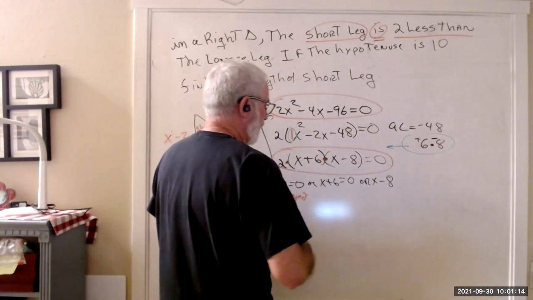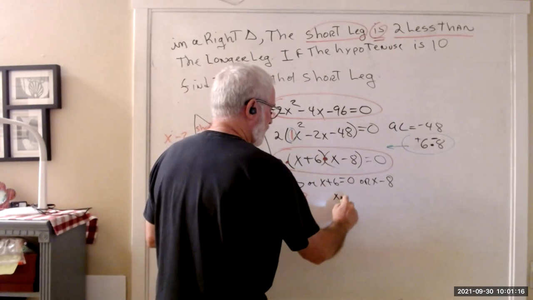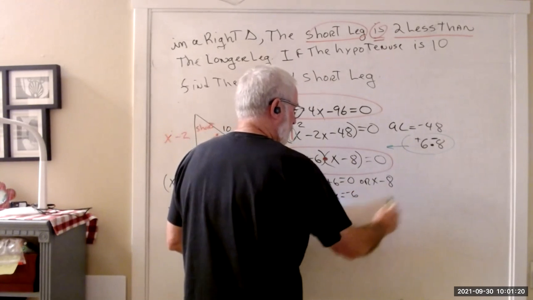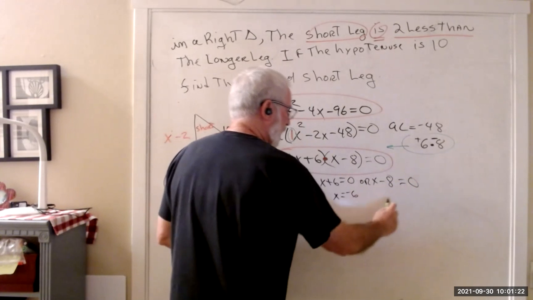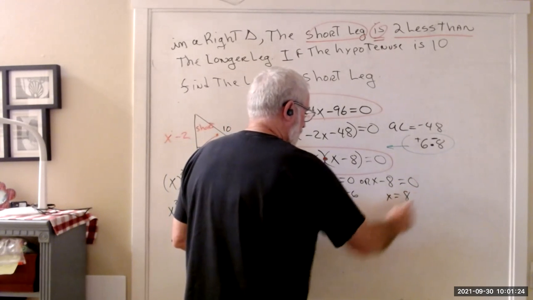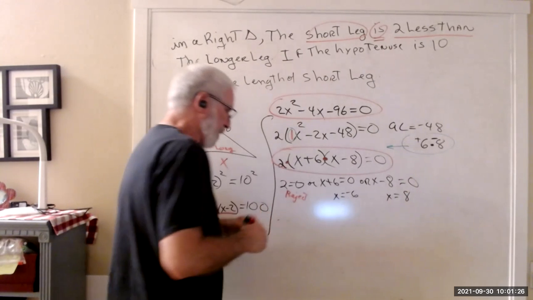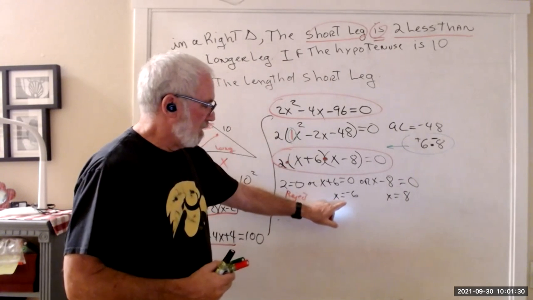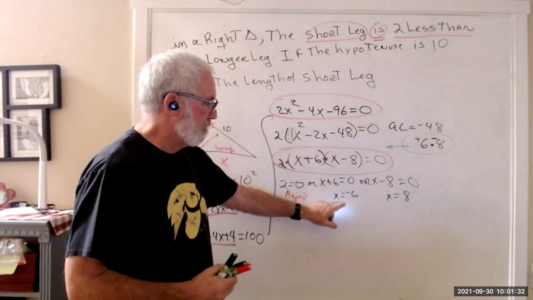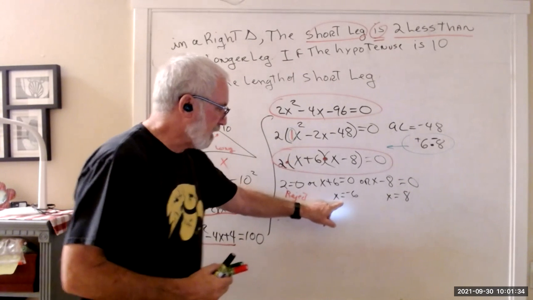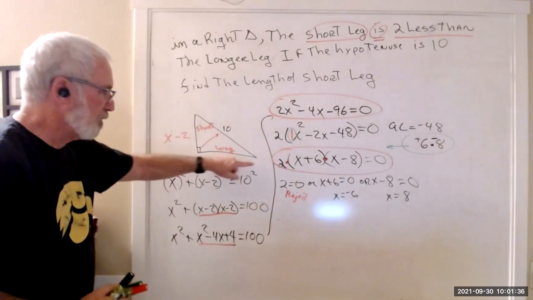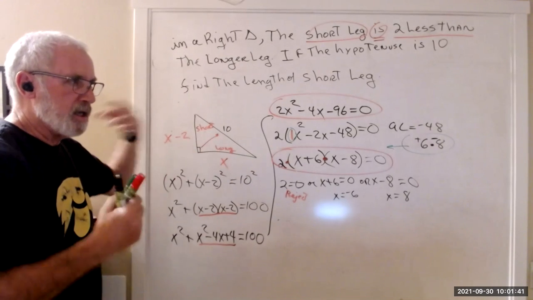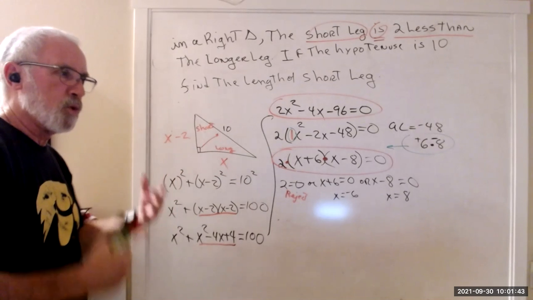Solve this one, we take away 6 from both sides. X is negative 6. This equals 0, I'm sorry. Add 8 to this one, x is 8. Okay, now think about this. X represents the longer leg. Again, we come back to this is a word problem.